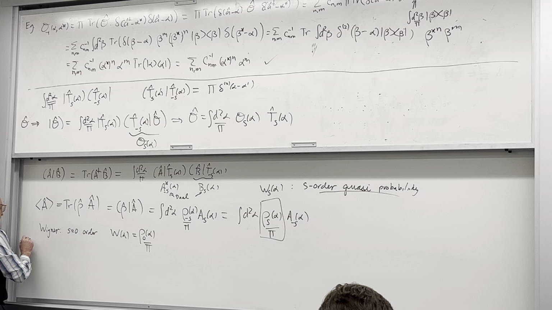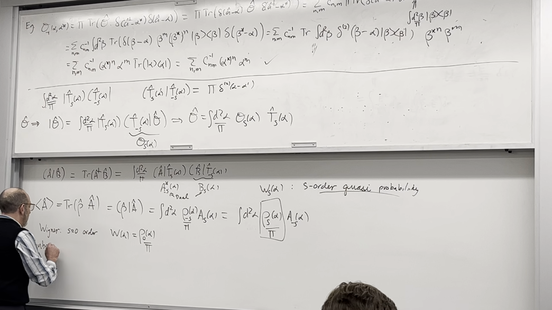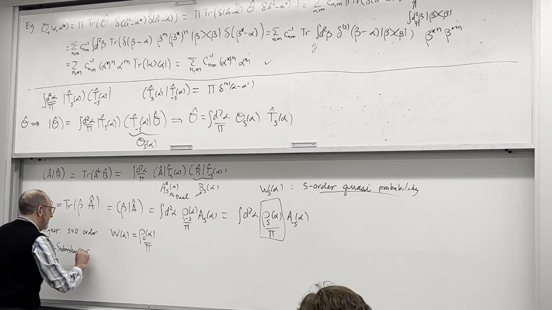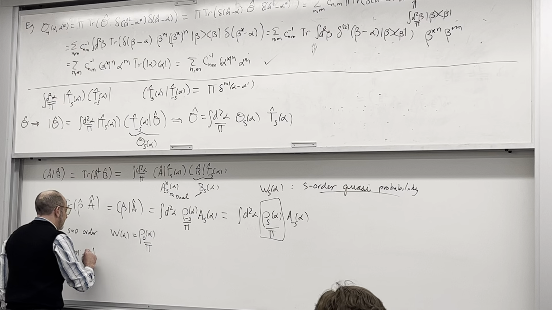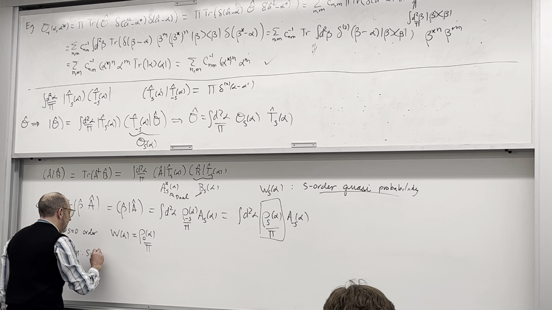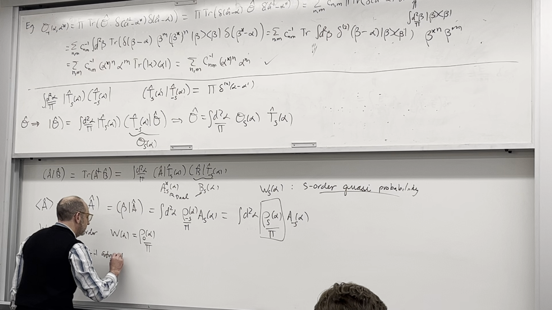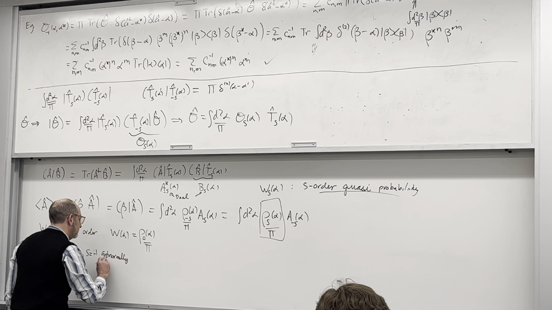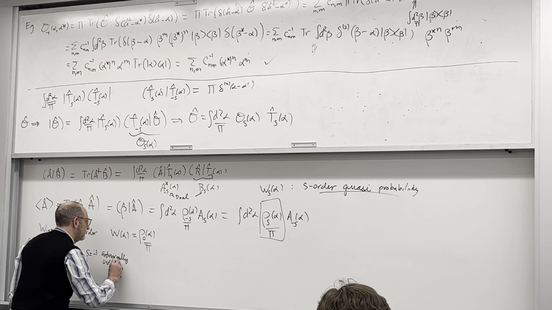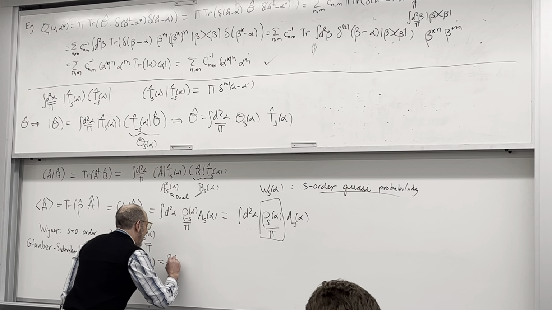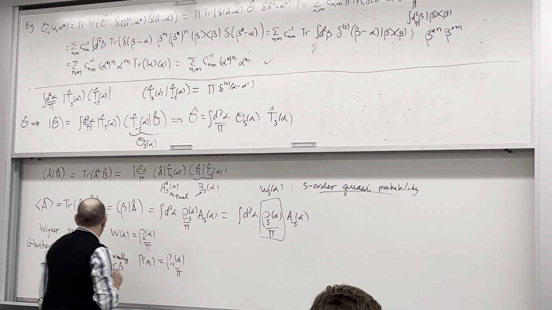The Glauber-Sudarshan representation is S equals -1. That is the anti-normal order. P of alpha is the anti-normal ordered representation.